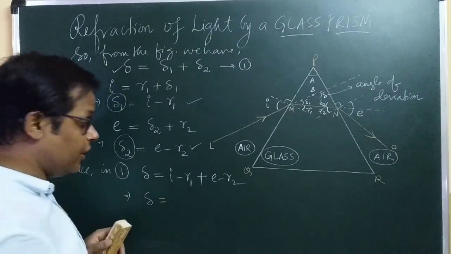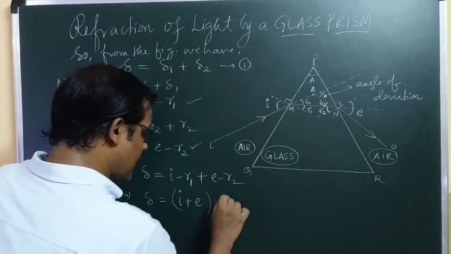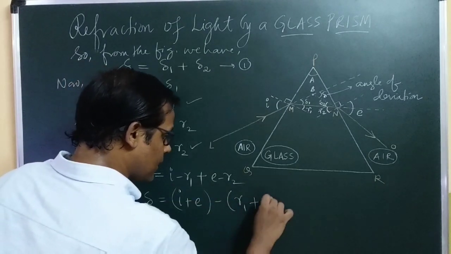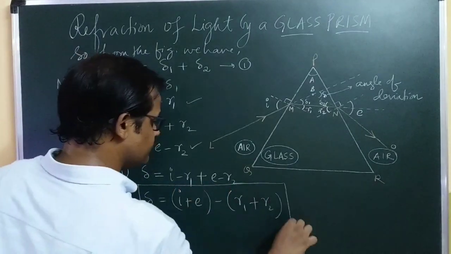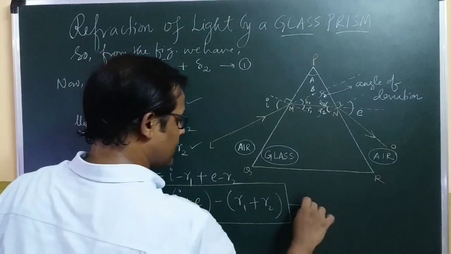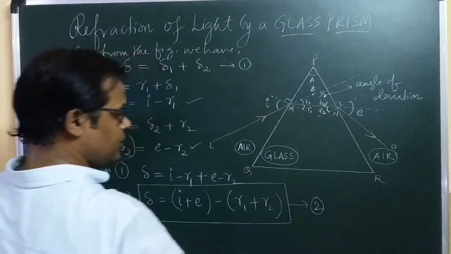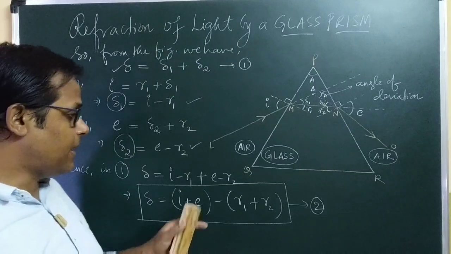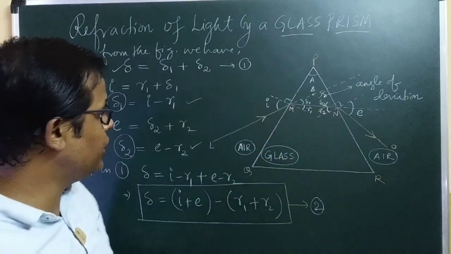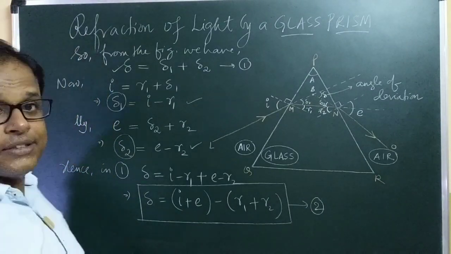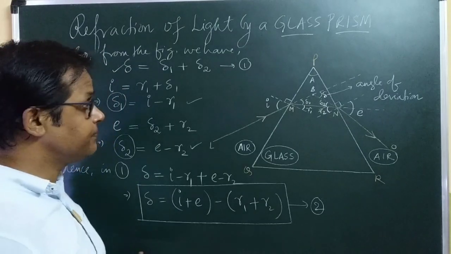So delta should be equal to I plus E minus (R1 plus R2). This is one good expression, but we can make it much better. So I would like to call it my expression number 2: I plus E minus (R1 plus R2). Do we know what this R1 plus R2 is equal to? Yes, we can definitely find it. Okay? Right.